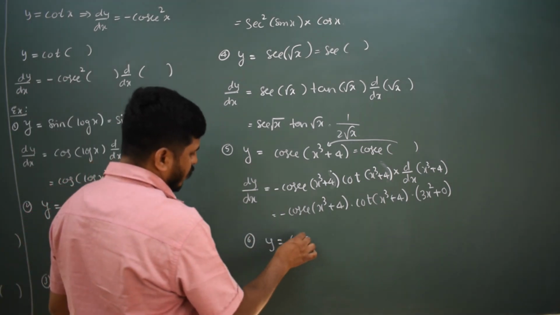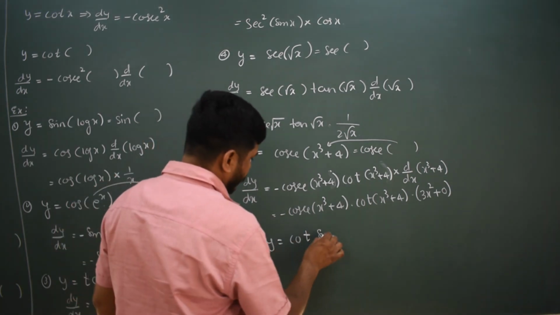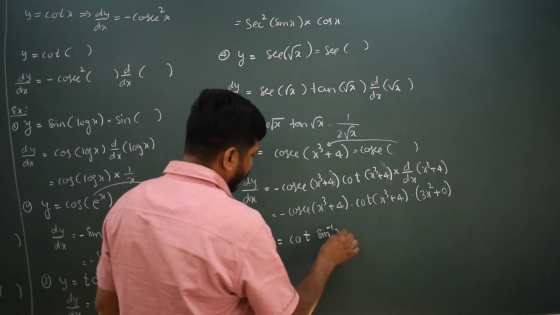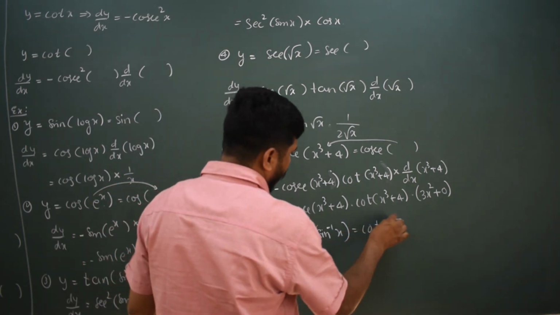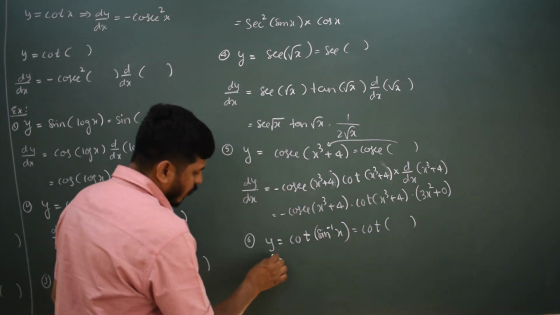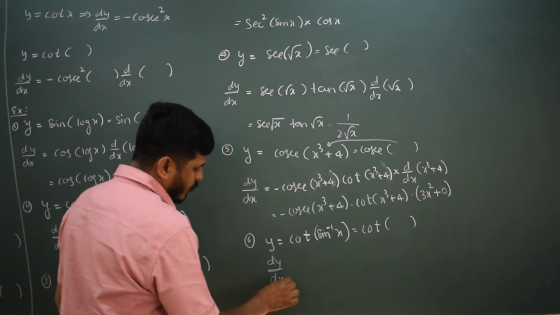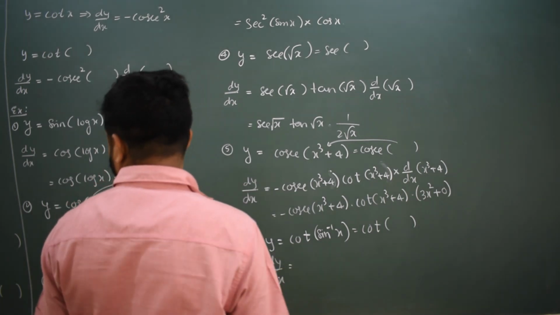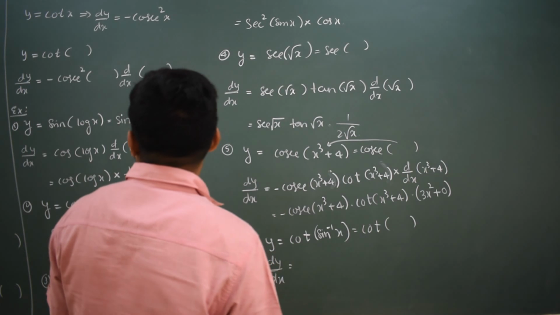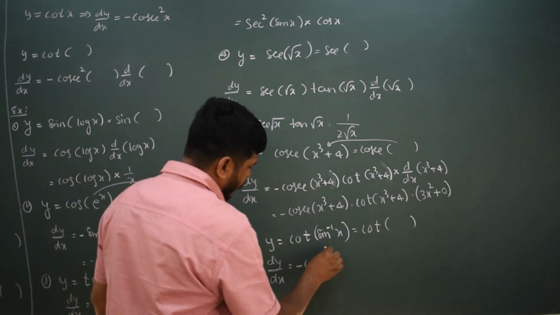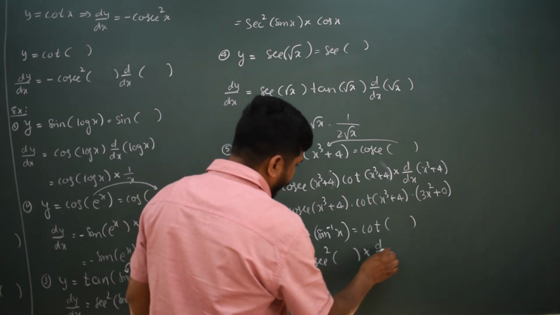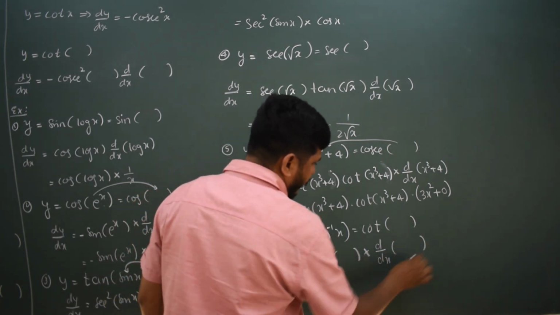y is equal to say cot sin inverse x. How to read it? Read it as cot of something. Now dy by dx is equal to, what is the cot differentiation? The differentiation of cot is minus cosecant square something into differentiation of something.